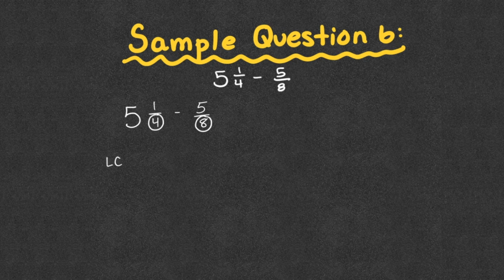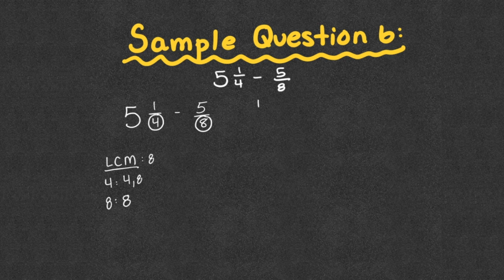So let's look at the LCM of 4 and 8. If you think about the multiples of 4 and 8, where would your LCM be? Well, notice the first multiple of 8 is 8, and 4 goes into 8. So our LCM is just going to be 8.